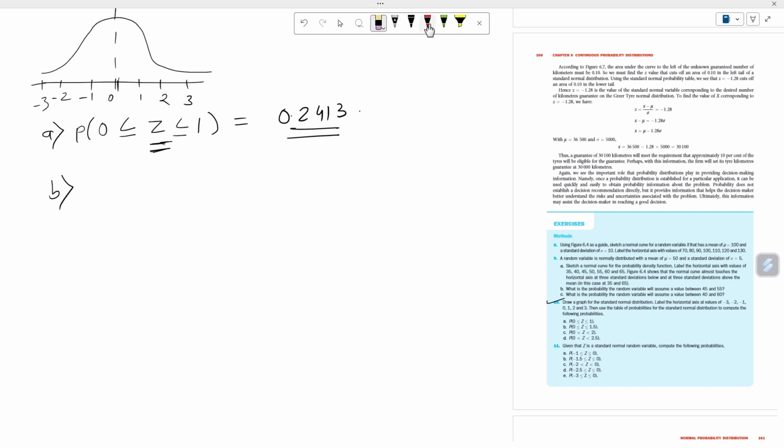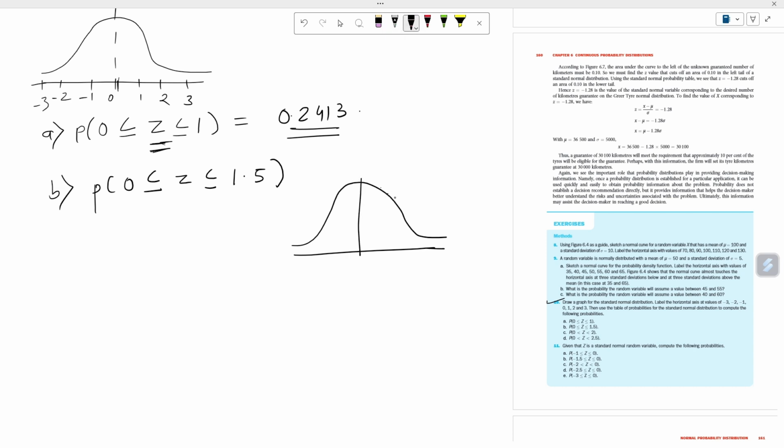Now the question is asking us to compute the probability which lies between 0 and 1.5. So the portion is going to be between 0 and 1.5, the area of this portion. This question is exactly similar to the previous one which we did.